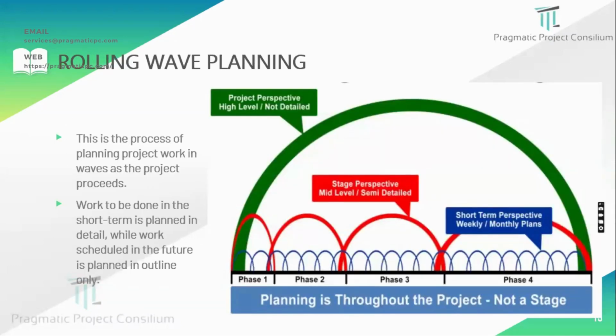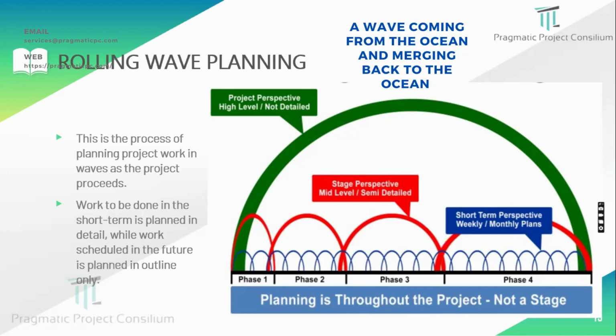Here is the scenario about rolling wave planning. Here there are two different colors showcased. One is the blue, regular, like a wave. The wave comes from the ocean and again merges with the same ocean. The same concept is applicable here.